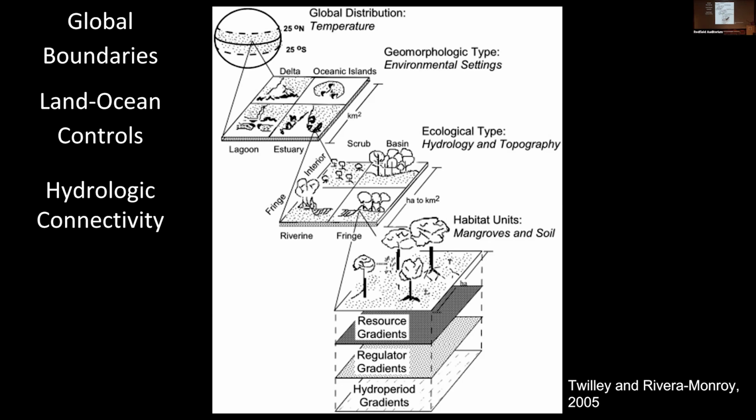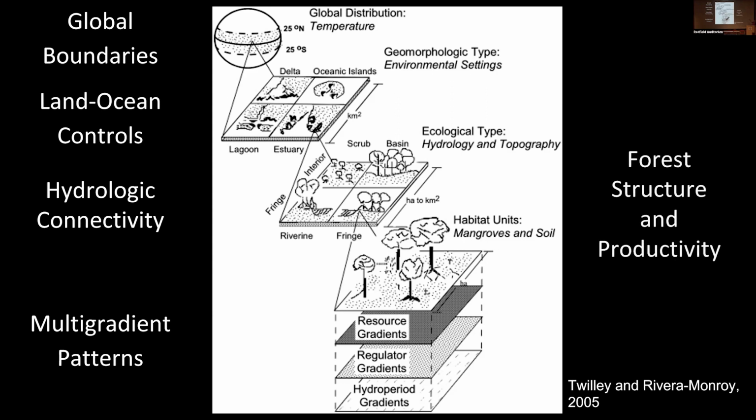And so that starts to split things out between how things might be riverine or fringe or basin or scrub. So this is how well water is actually moving through the system. And then we have these other multi-gradient patterns that are driving how resources are used and can be used within the particular habitats. And all of this is driving that structure and productivity.